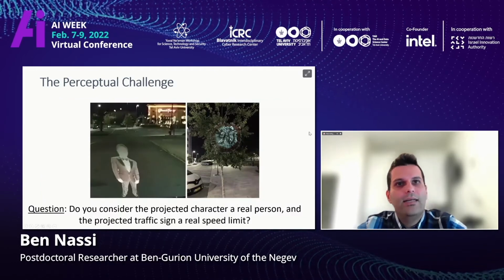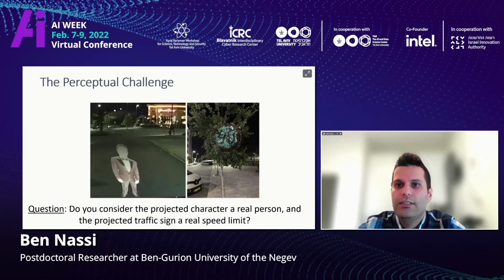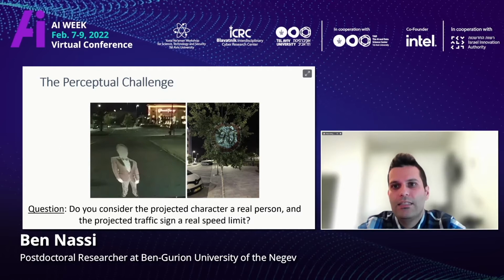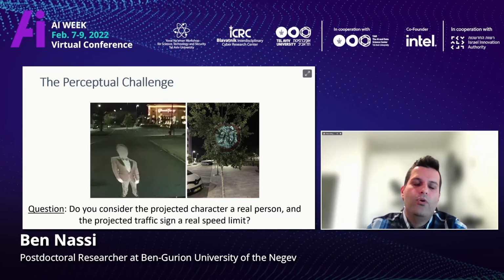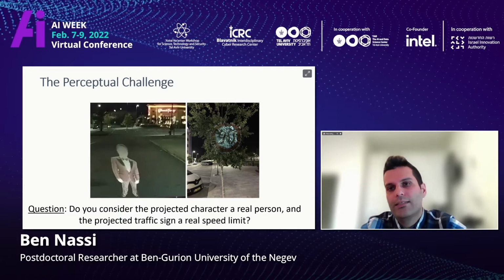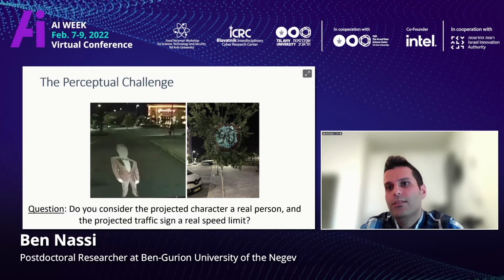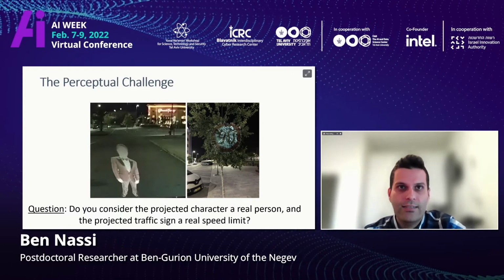So with that in mind, this is a nice experiment that we did that is the basis for the entire research. We took a projector and projected the picture of Mr. Elon Musk on the road and also a road sign on a tree, as you can see. And here is a question for the audience.